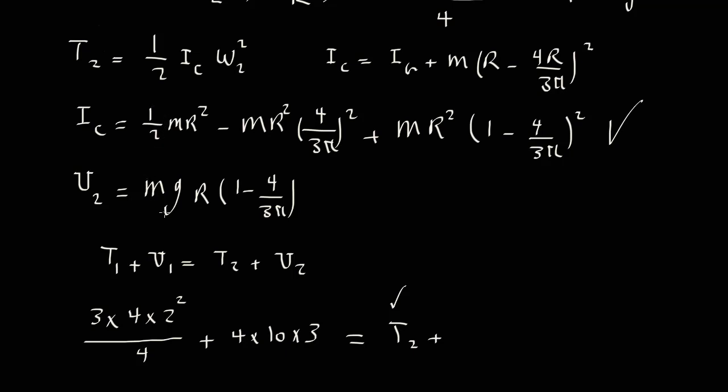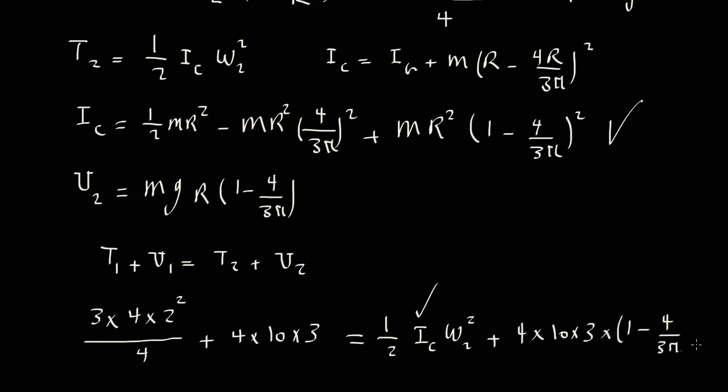So let's write this way: 1 over 2 IC omega 2 squared, and IC is known, plus U2, which is 4 times 10 times r, which is 3 times 1 minus 4 over 3 pi.